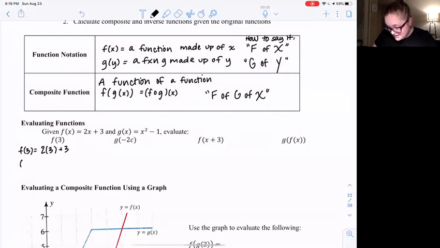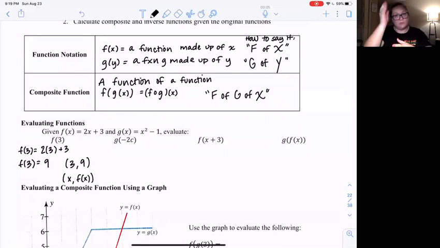And so f of 3 is equal to 2 times 3 is 6 plus 3 is 9. You could write this as a coordinate, 3, 9, which would also be x, comma, f of x, or y, since usually y is the output on the coordinate plane.